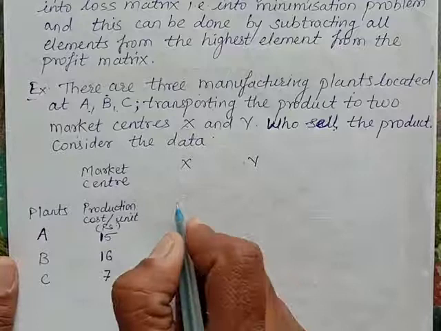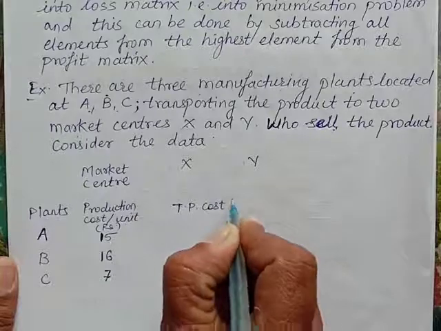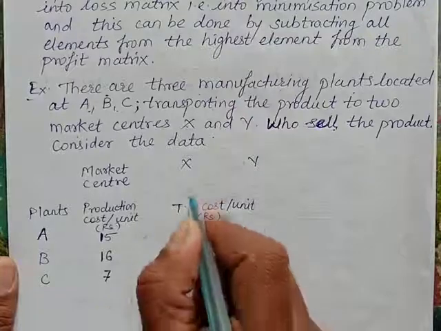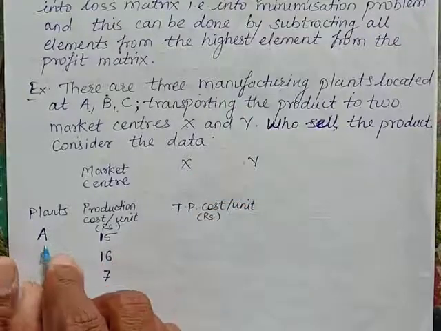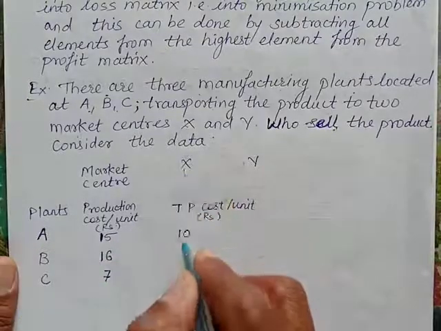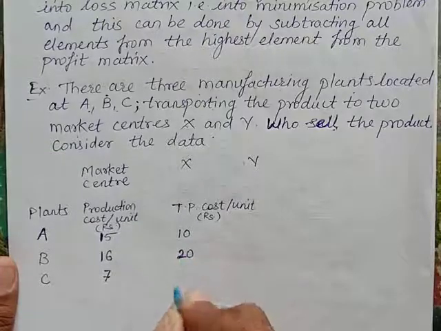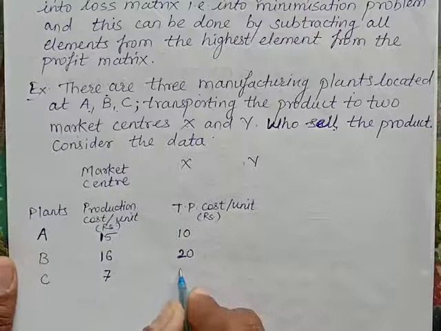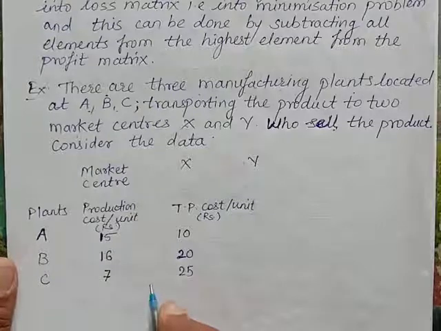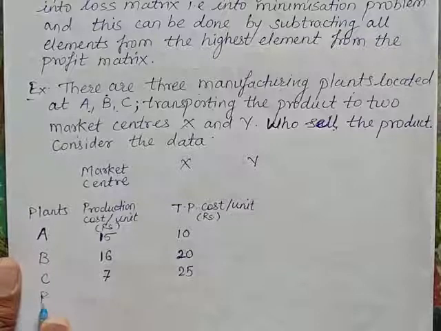Now here let me write transportation cost per unit. This is also given in rupees. For market center X, from A the transportation cost is rupees 10, from B to X it is rupees 20, and from C to X it is rupees 25.